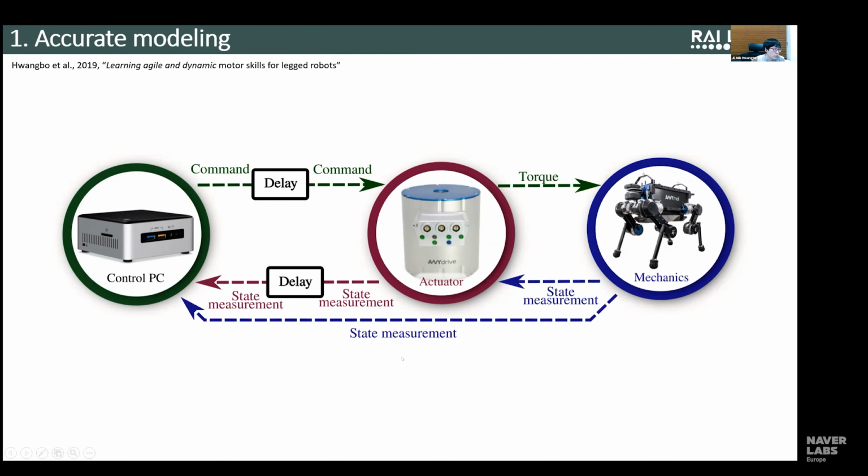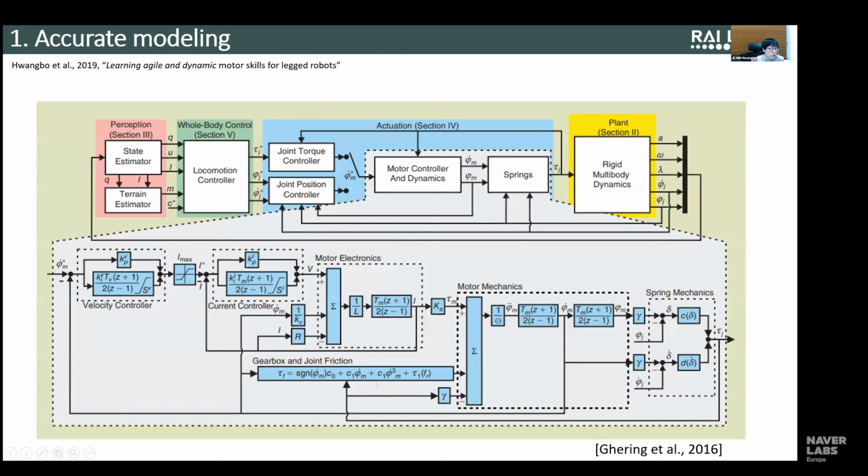Okay, we've been trying to model this with a traditional method. This is work by Dr. Christian Gehring, who used a more traditional modeling approach to model the actuator dynamics. As you can see, we have different controllers in the system. We have motor electronics, motor mechanics, and spring mechanics, so we have these modules in cascade.